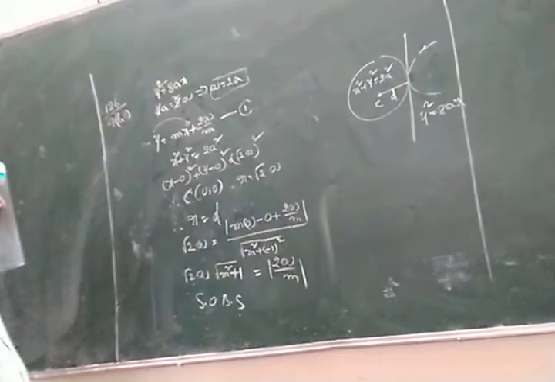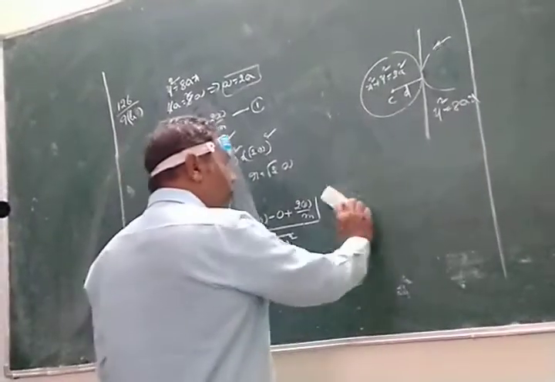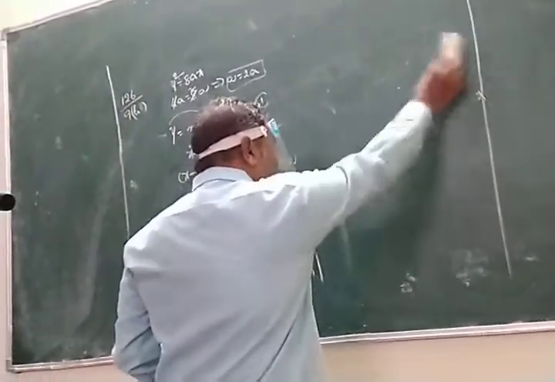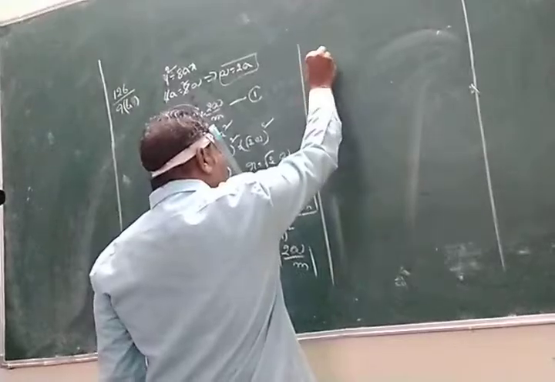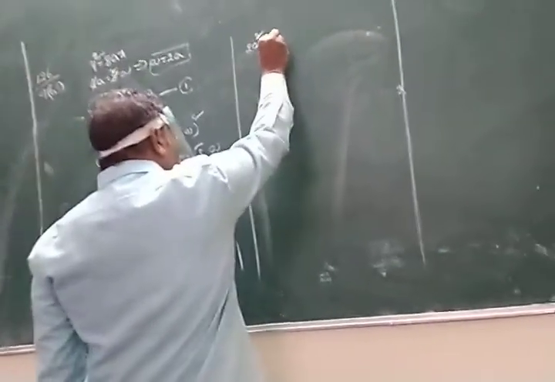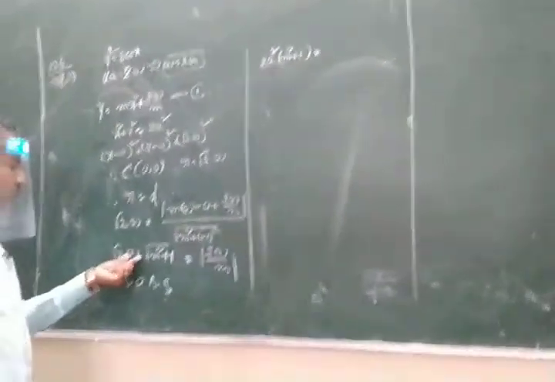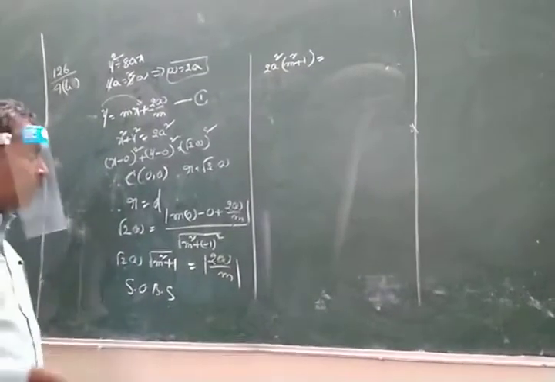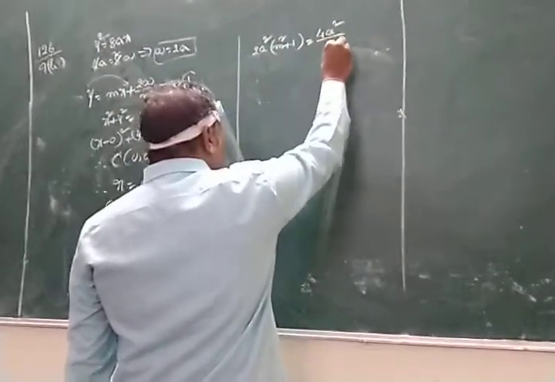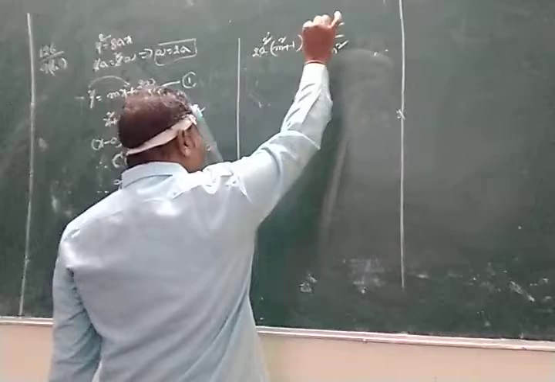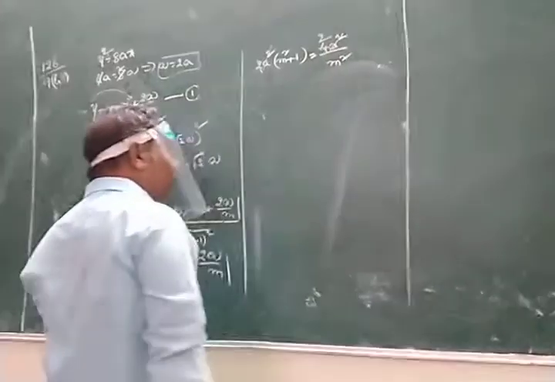Squaring on both sides: 2a square into (m square plus 1) equal to 4a square by m square. 2a square, 2 and 2 cancel, a square cancel.